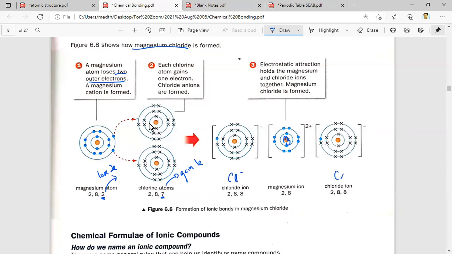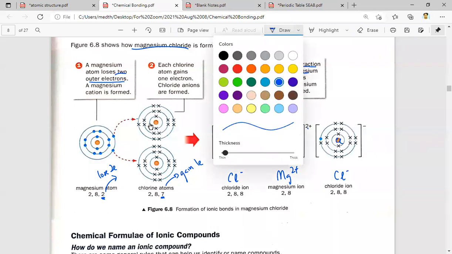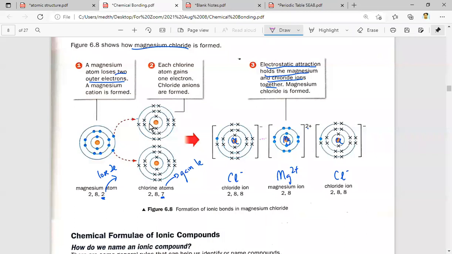So Cl-, Mg2+. So Cl over here, Cl over here. Okay, so look at this diagram over here. What they say here is that the electrostatic attraction holds the magnesium and chloride ions together. Because this is plus, this is minus, there's an attraction over here. And maybe I use a different color to show the attraction, let me use pink.